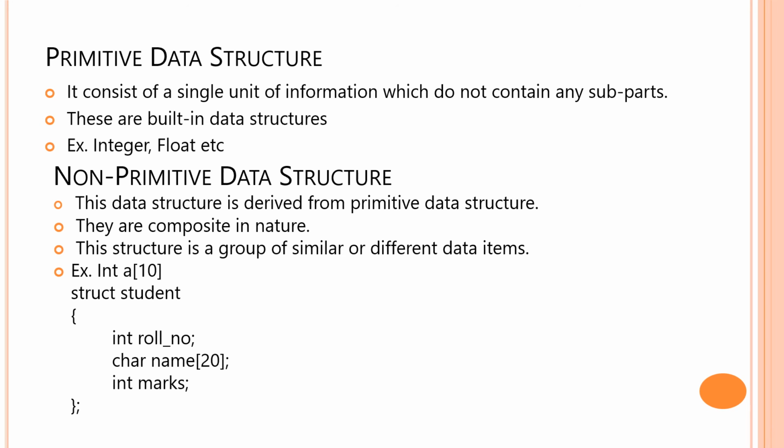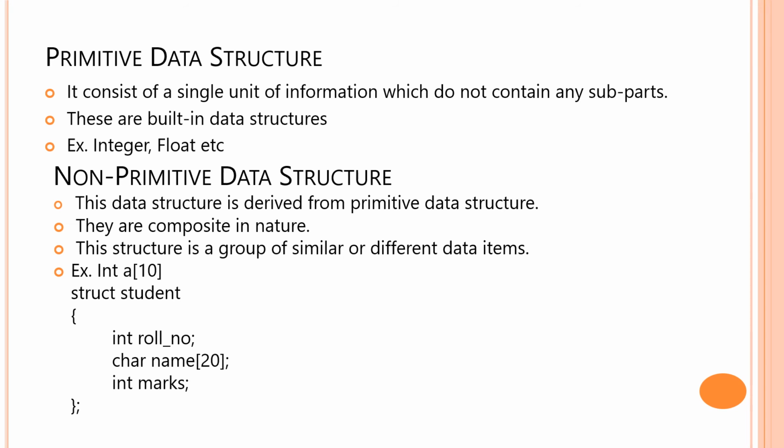Primitive data structures. Primitive data structures consist of a single unit of information which does not contain any subparts. These are built-in data structures, for example, integer, float, etc. Non-primitive data structures. Non-primitive data structures are derived from primitive data structures. They are composite in nature, that is, they are composed of several units of information.